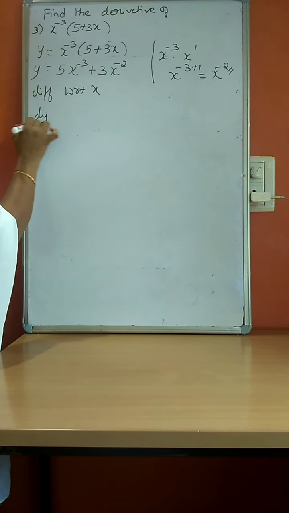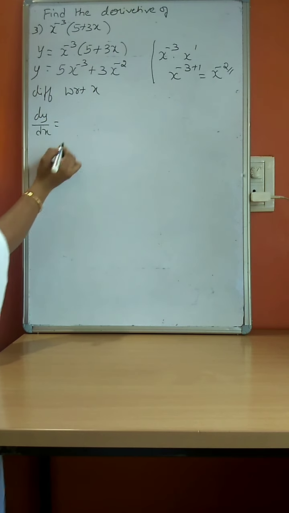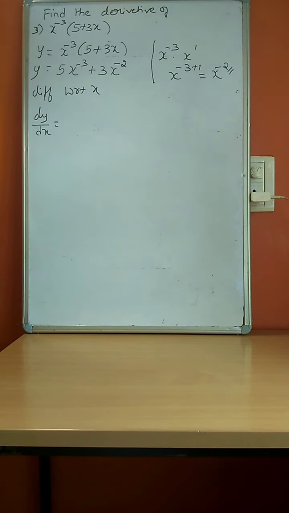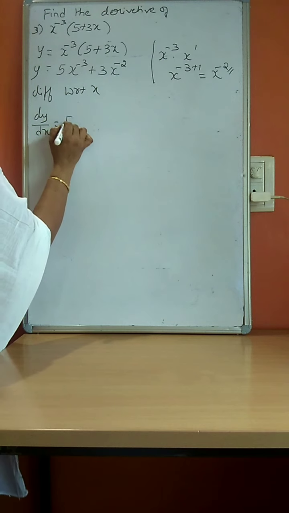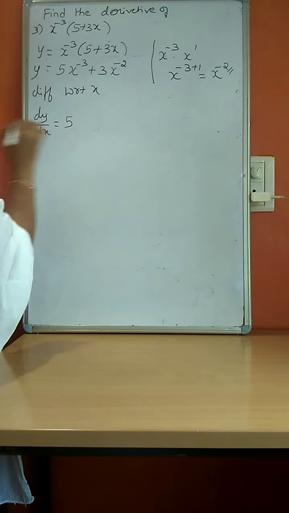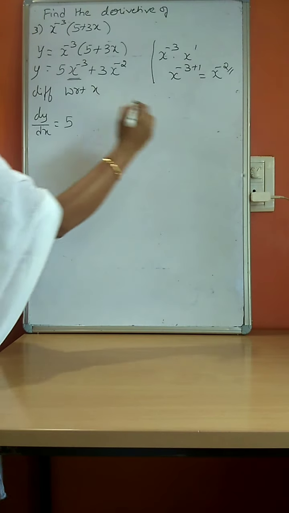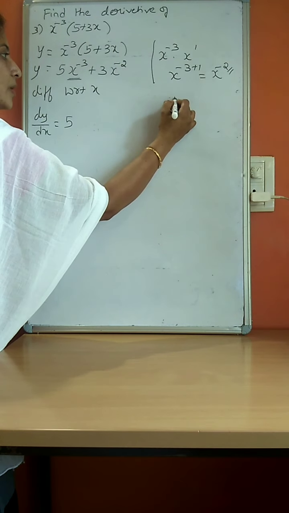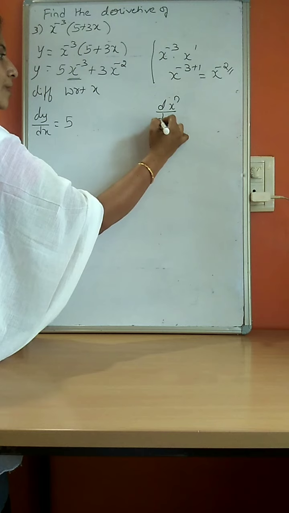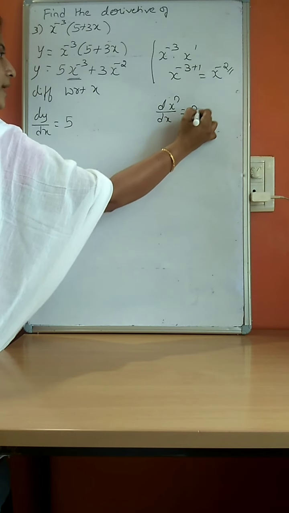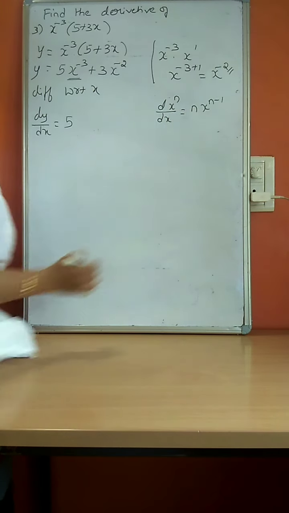What we get? dy by dx is equal to 5 into, what is the differentiation of x to the power of minus 3? We have the formula: differentiation of x to the power of n is n into x to the power of n minus 1.